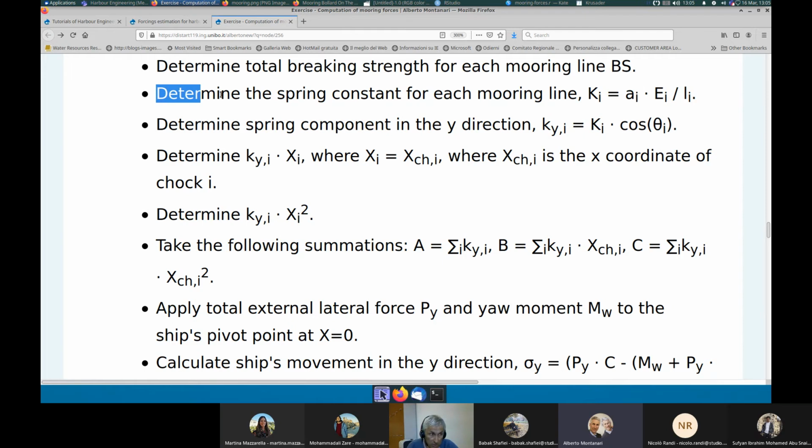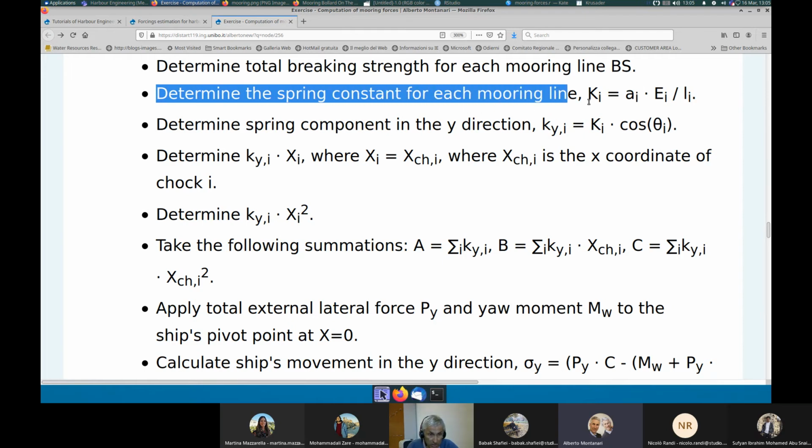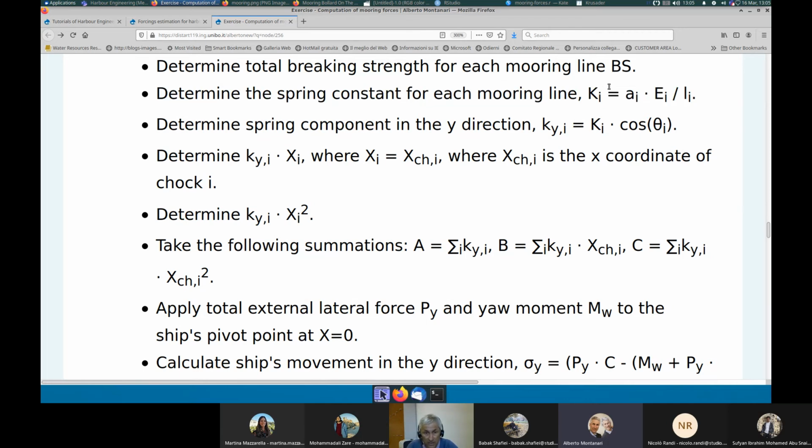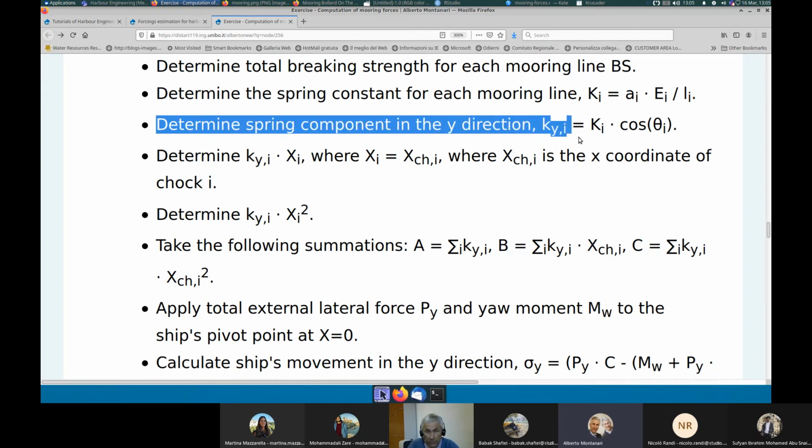Now, here it starts the procedure that we don't inspect in detail. We have to determine what is called the spring constant for each mooring line, and the spring constant Ki is given by the cross-sectional area of each mooring line times the elastic modulus divided by the length of each mooring line. Now we have to determine the spring component in the y direction.